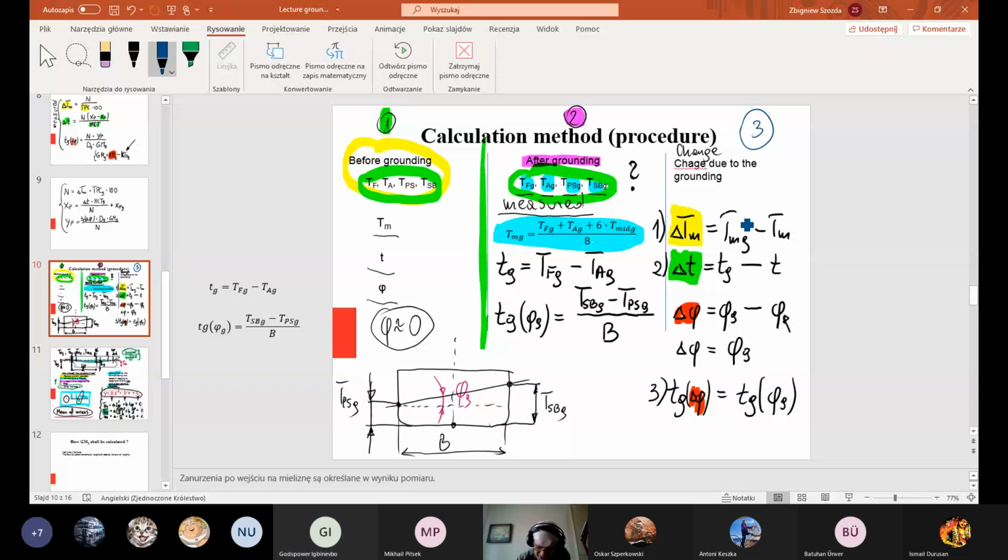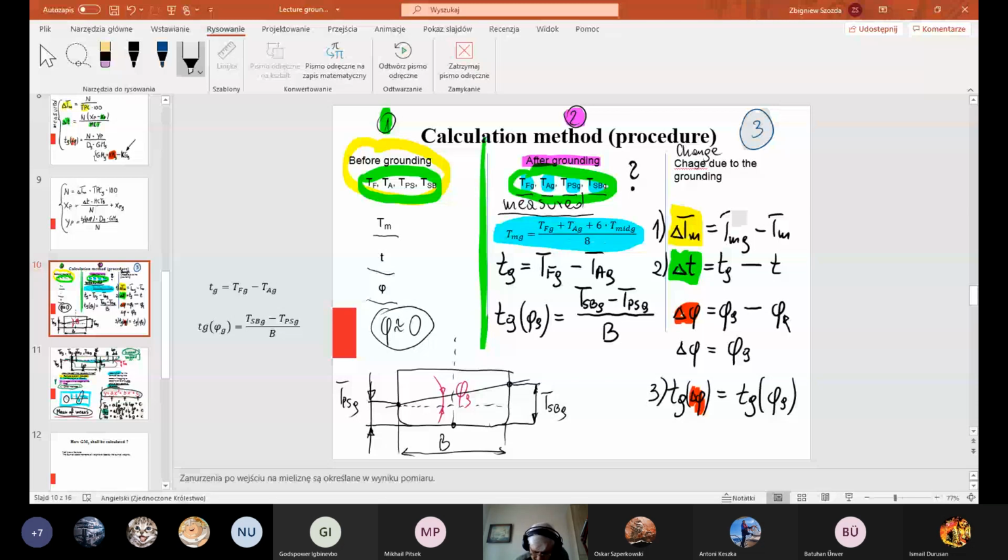Very good. Stage number 3, in our case, is the calculation of the change. Before grounding, midship draft was TM. After grounding, we measured it, it is TMG. So TMG minus TM, final minus initial, states the change, the alteration of mean draft.